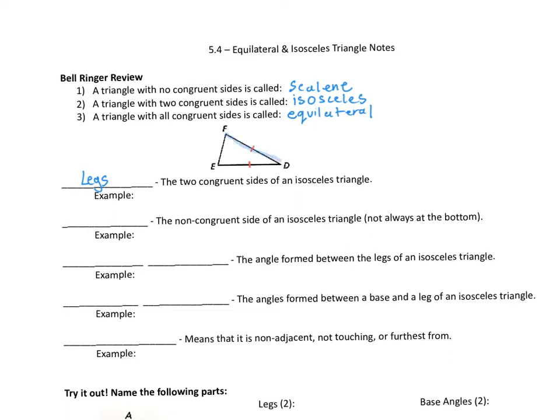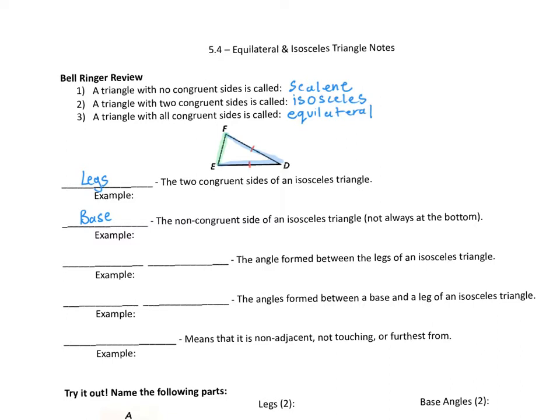FD and ED are considered the legs of an isosceles triangle. The non-congruent side is called the base, and in this case our base, let me highlight that in green, is here on the bottom.